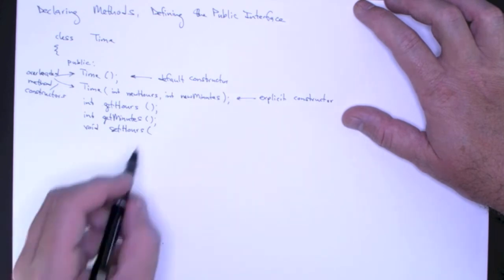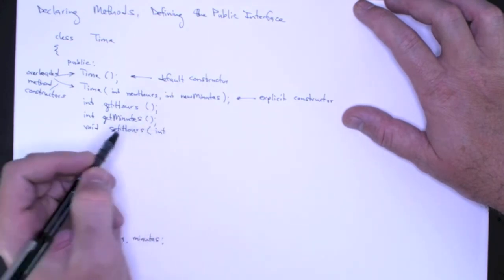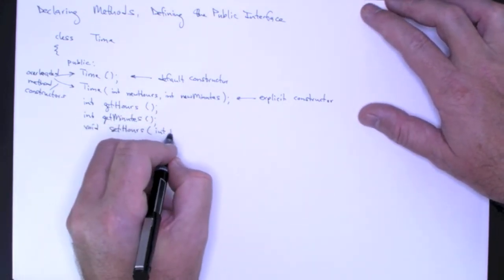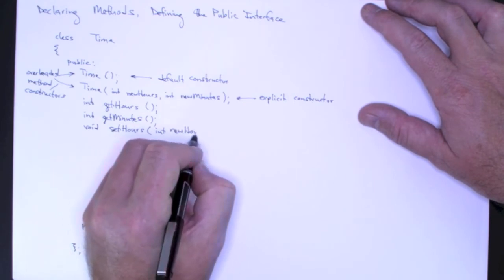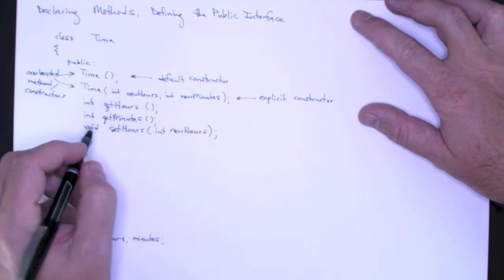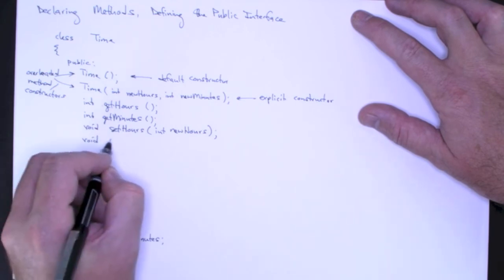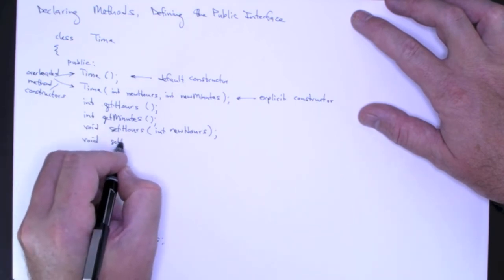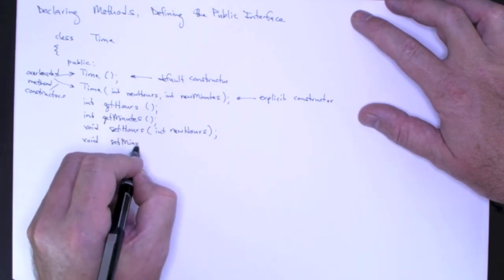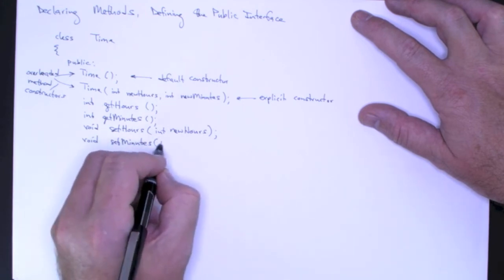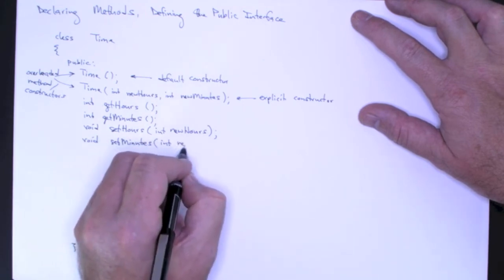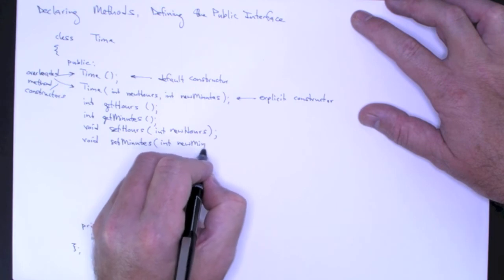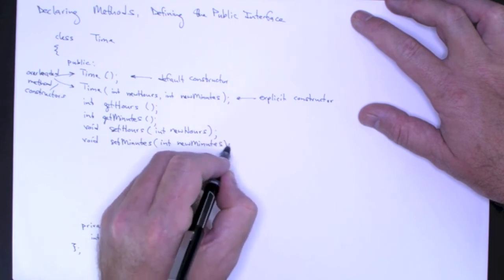Naturally, the new value is going to be the same type as the private data member. And I have one of these for each of the private data members. Just like that.